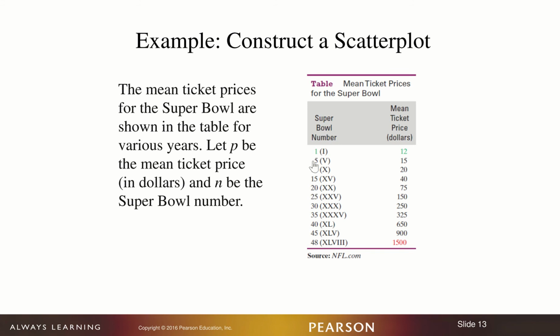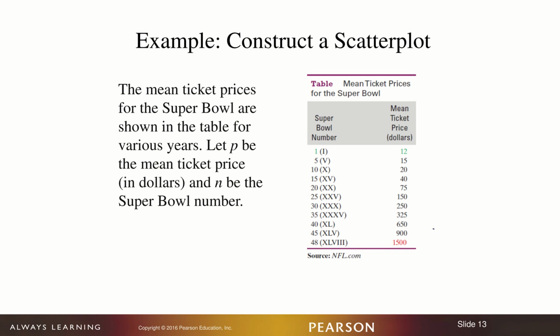So basically, we are going to be setting up our table with P being the mean ticket price and N being the Super Bowl number, so this is Super Bowl number 1, 5, 10, etc. Notice that here Super Bowl number is going to play the role of our explanatory variable, and the mean ticket price will be our response variable.